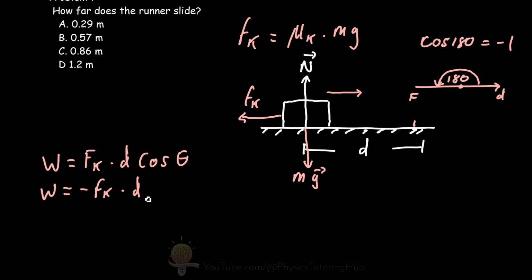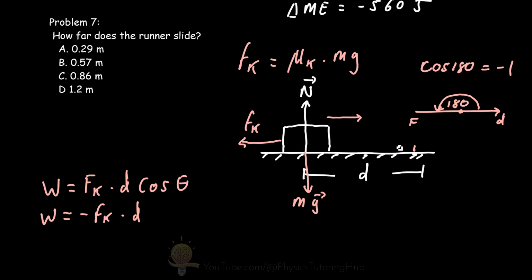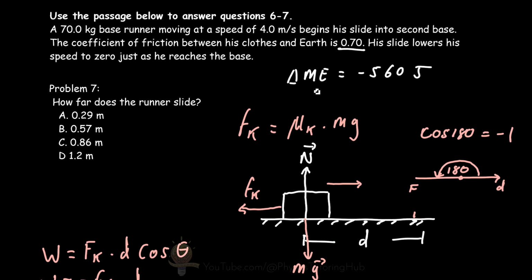Now we already know the work done during this time period because we worked this out in the previous problem. We worked out that the change in mechanical energy was equal to negative 560 joules because we're taking energy away from this system.